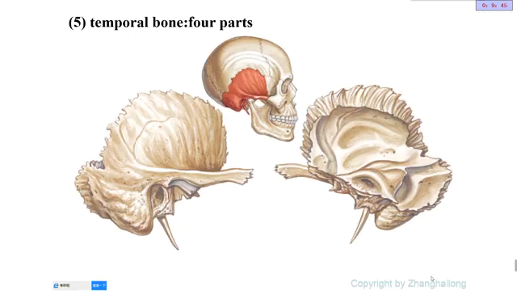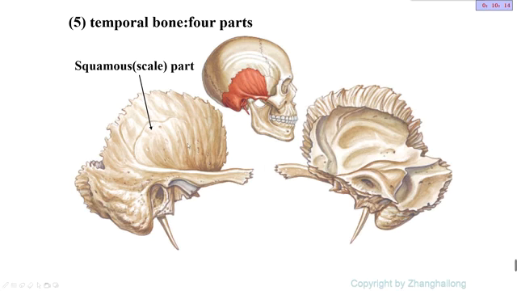Now let's see the temporal bone. The temporal bone is on two sides, around your ear. There are some structures. First, on the lateral surface, this one is the squamous part, or scale part. Scale, like the scale of a fish. It's very like the scale of a fish. So this part is not very smooth.